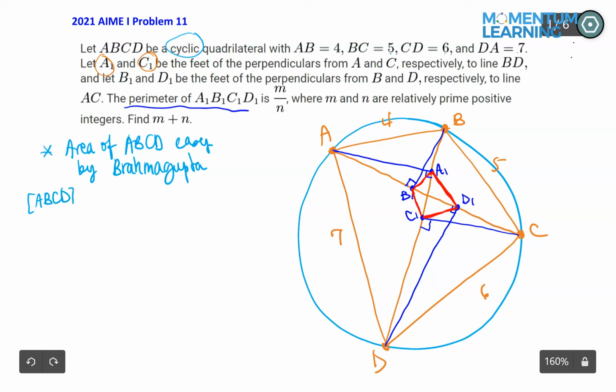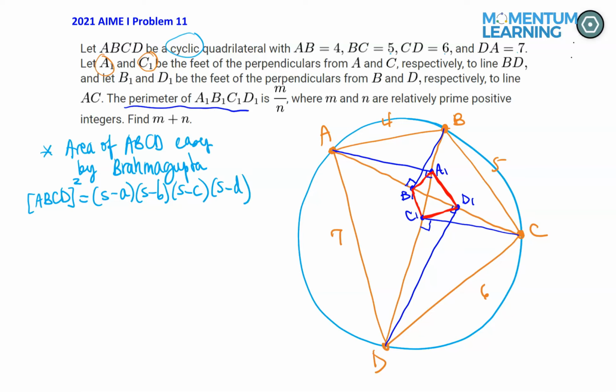At the end of this video, I'm going to sketch a proof of it. I don't want to do it at the beginning because it's kind of a distraction. So the square of the area is (S minus A)(S minus B)(S minus C)(S minus D), where S is the semi-perimeter and A, B, C, D are the side lengths.